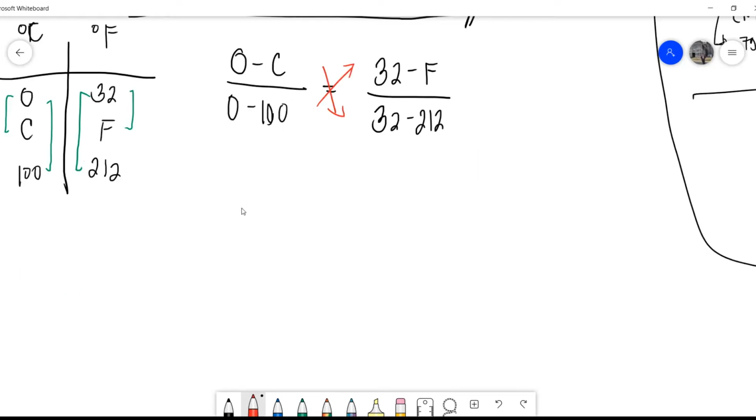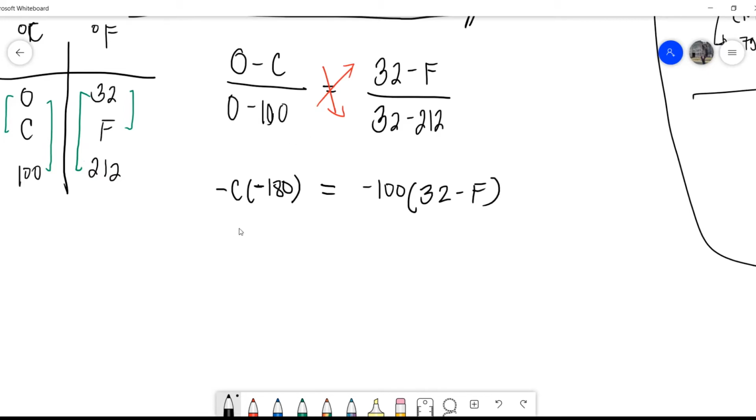So 0 minus C multiplied by 32 minus 212, which is negative 180. So negative C times negative 180 equals negative 100 times 32 minus F.